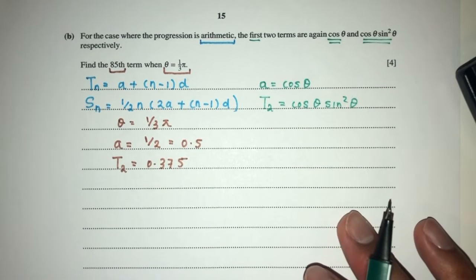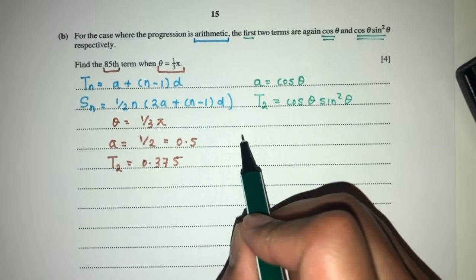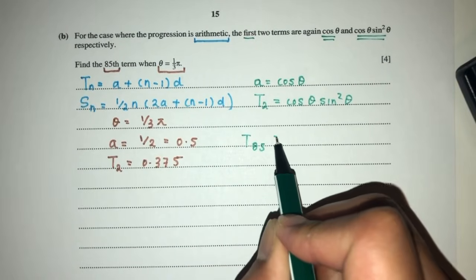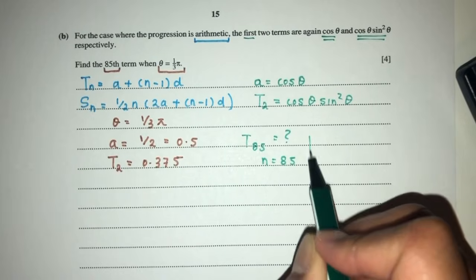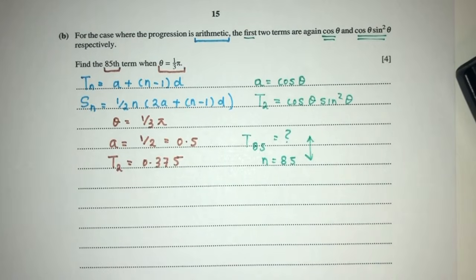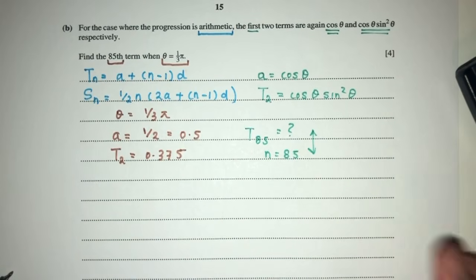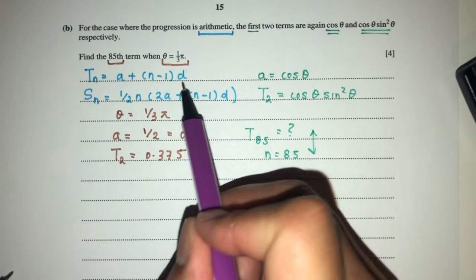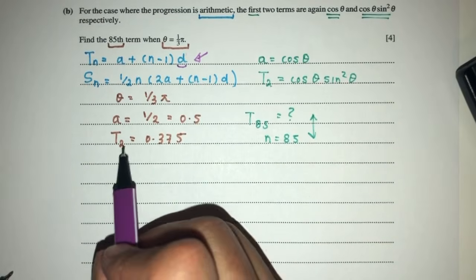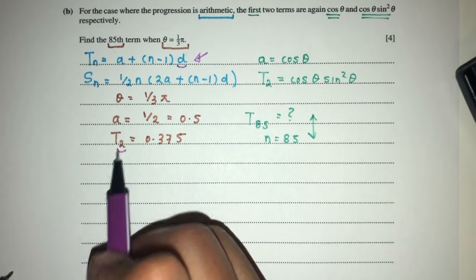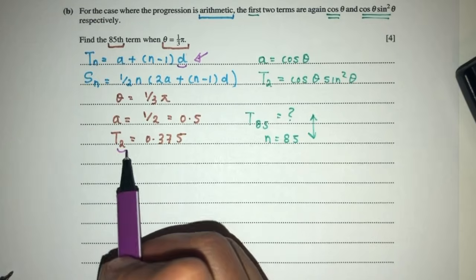So we know these two for that. The question is to find the 85th term. So term 85 is what? When the value of n is equal to 85, we have to find the term, right? That's the main question we are trying to solve here. But now, as you can see, we have the value of a. We still have to find the value of d. So let's do that, right? Replace second term when n is equal to 2. We have this value, so let's replace in this equation.